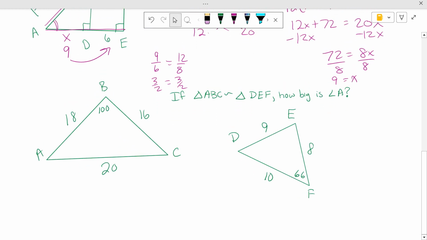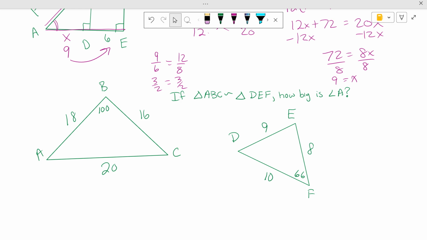Last one. If these two triangles are similar, how big is angle A? What do we know about similar triangles? Their angles are congruent. Similar triangles, angles are congruent, sides are proportional. Okay, A goes with D. We don't know either one.